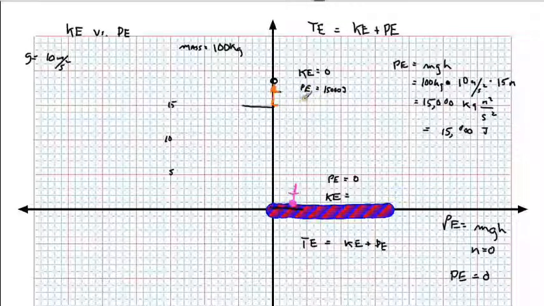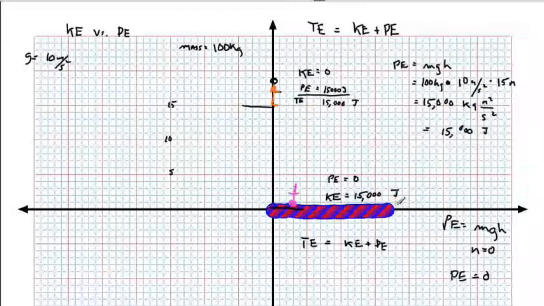If the total, the TE up here, when I add these two together, must equal 15,000 here, it must also have to be equal to 15,000 down below. Well, that's going to make the kinetic energy, the moving energy, since he's now moving pretty fast, 15,000 joules, because energy cannot be created or destroyed.